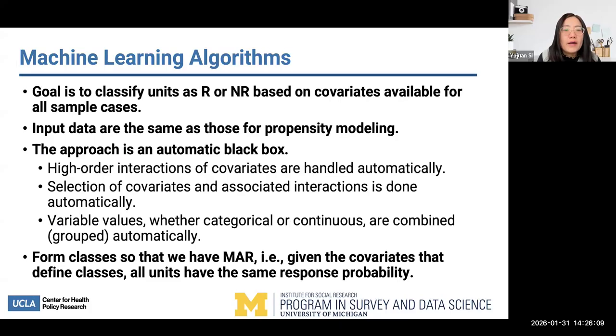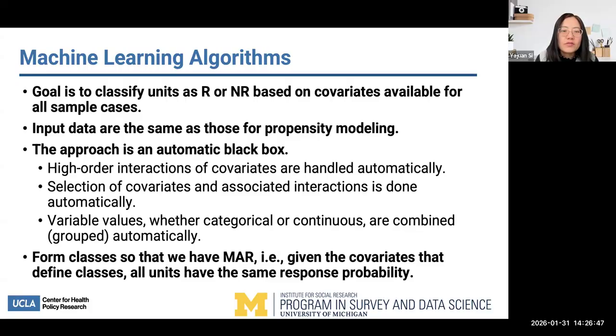As an alternative to the parametric model for the response propensity score modeling, we can apply machine learning algorithms. So the goal is to classify units as respondents or non-respondents based on covariates available for all respondents and non-respondents, so all sample cases. And the data input are the same as those for the propensity score modeling. Machine learning algorithms are black boxes.